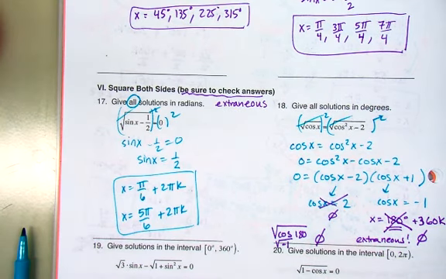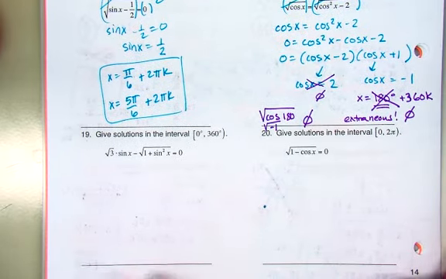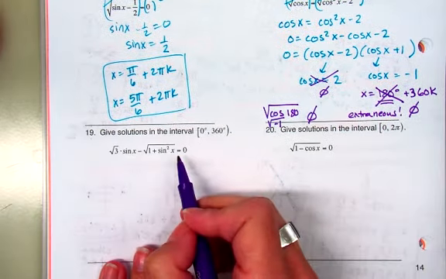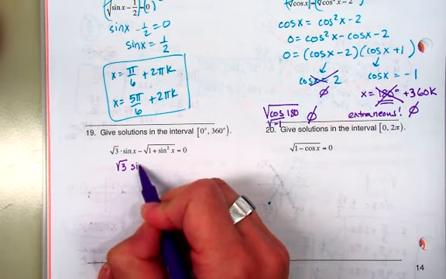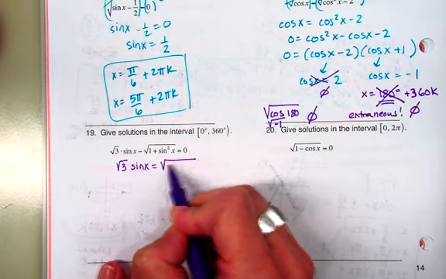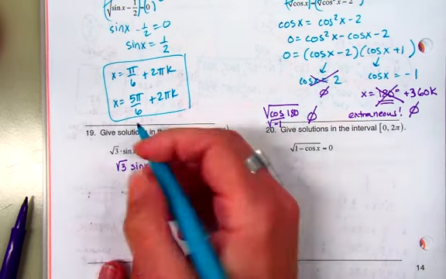Okay, last two. Same idea here. On this first one, in order to square both sides, I have to move some stuff around first. So I'm going to move this to the other side. So I'll have root 3 times the sine of x equals the square root of 1 plus sine squared x. Now I can square both sides.